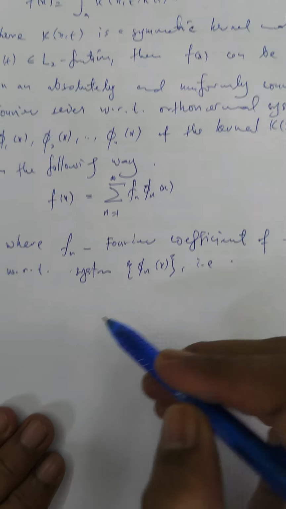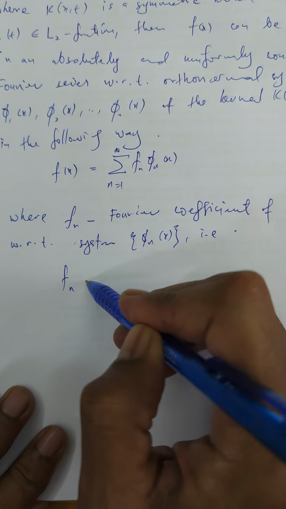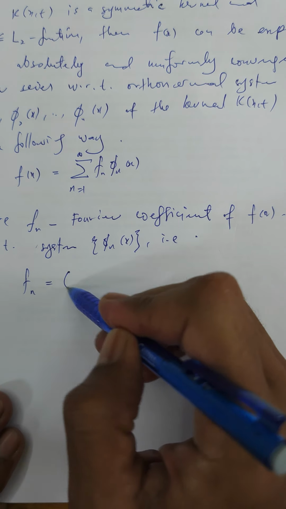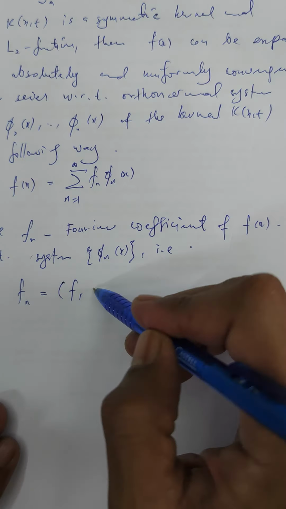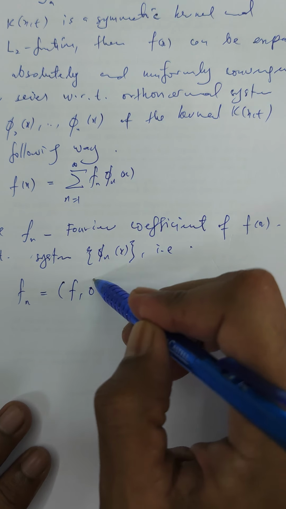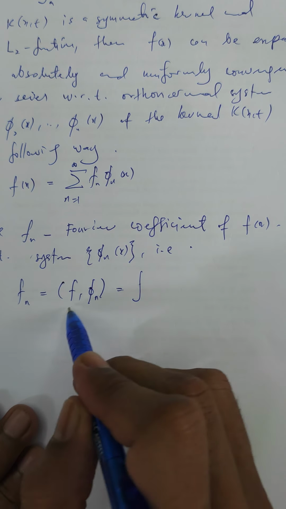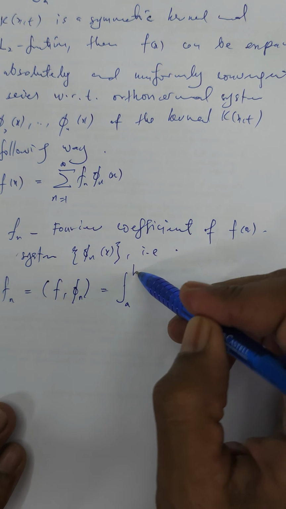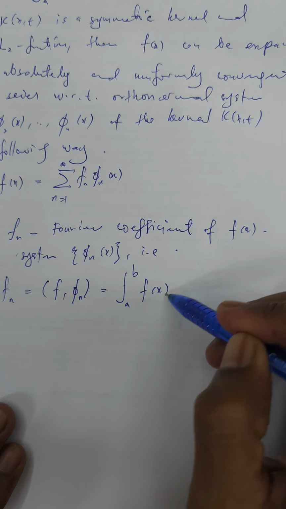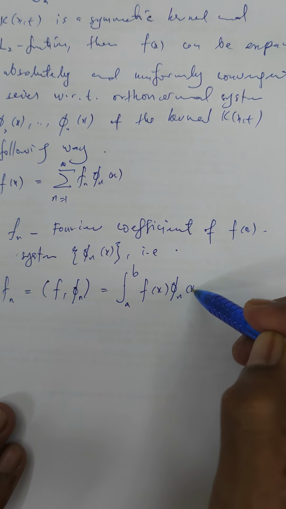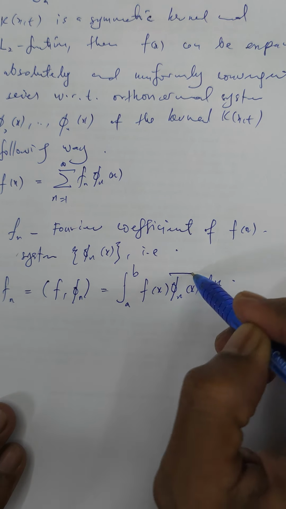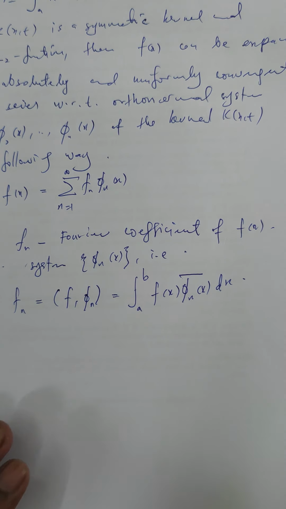That is, we can write f n equal to the inner product of f and phi n, which is the definition of inner product: the integral from a to b of f(x) phi n(x) dx bar. This is the definition of the Fourier coefficient.